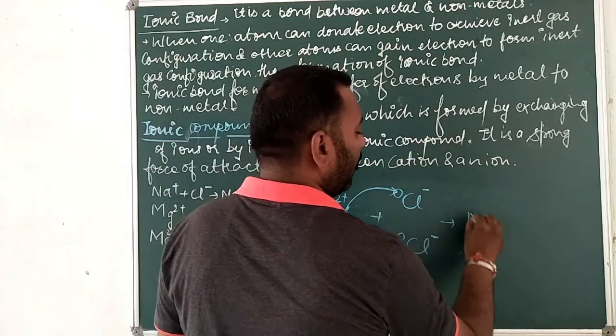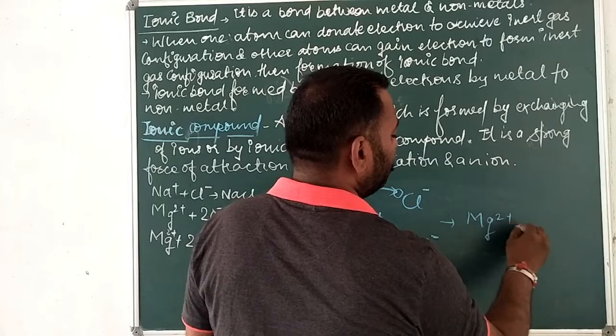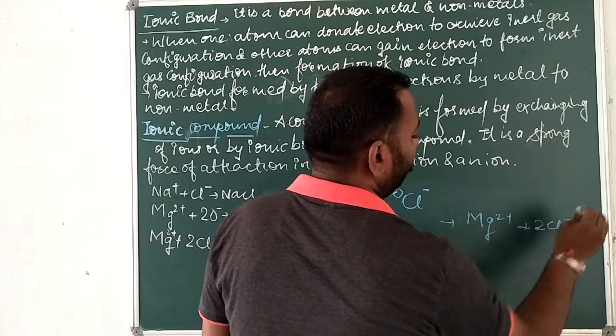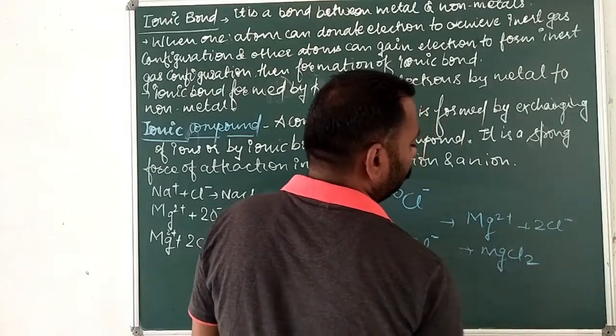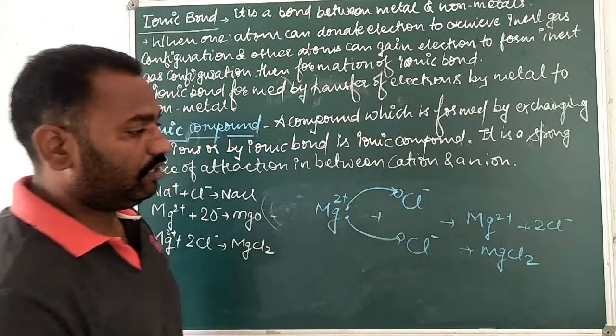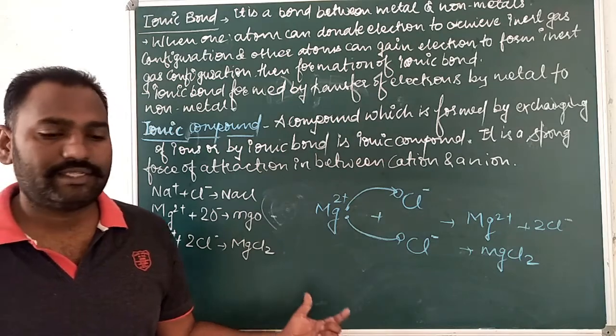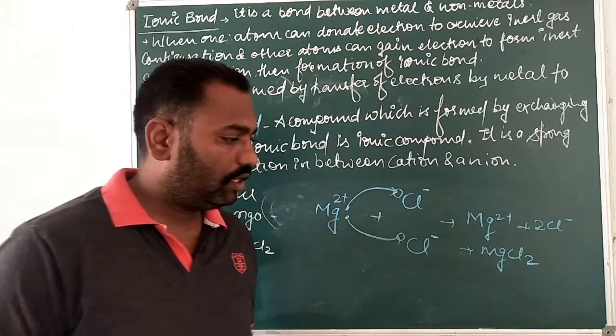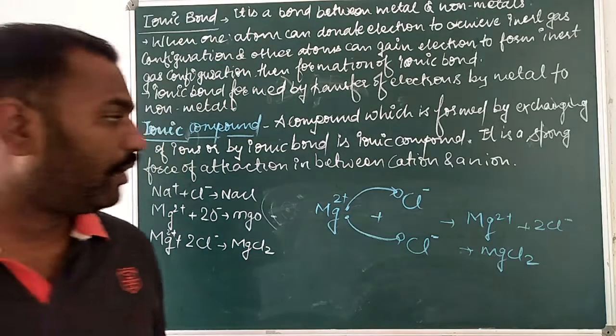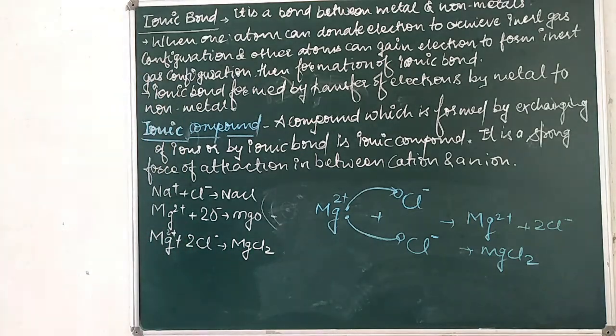Then Mg2 plus and 2Cl minus form MgCl2. So you know about that. It is an easy thing, and you already saw it in ninth class. Now we have to discuss the properties of ionic compounds.